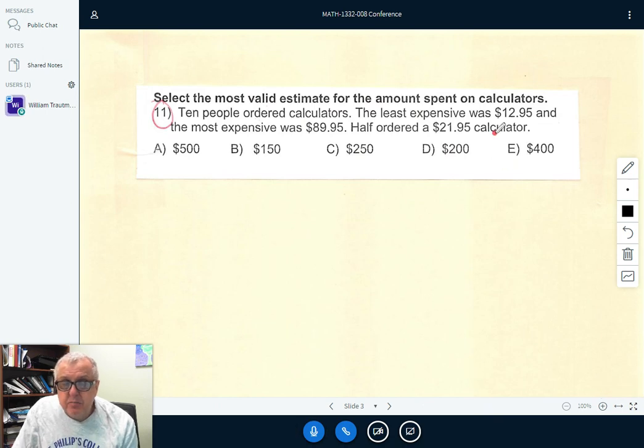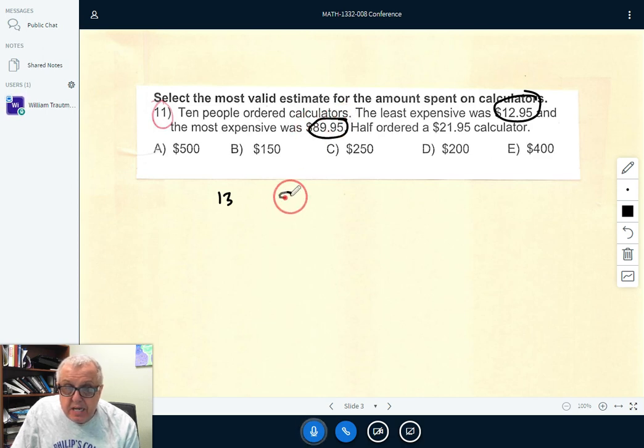All right, select the most valid estimate. 10 people ordered calculators. The least expensive, the cheapest one, was about $13. Do you see it? We're estimating. And the most expensive was about $90.